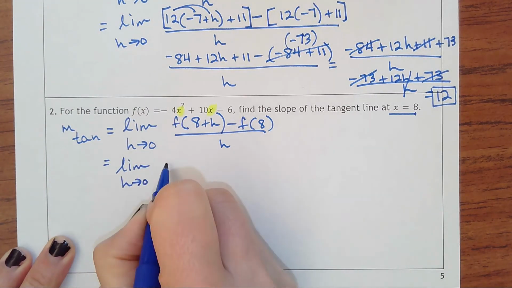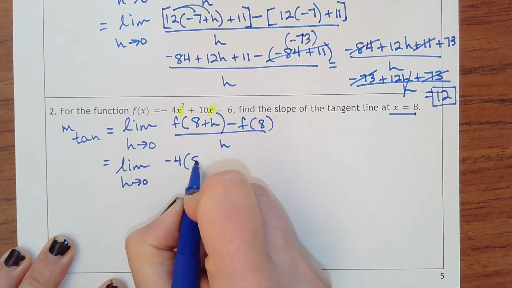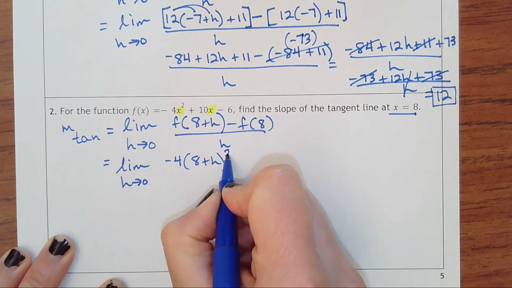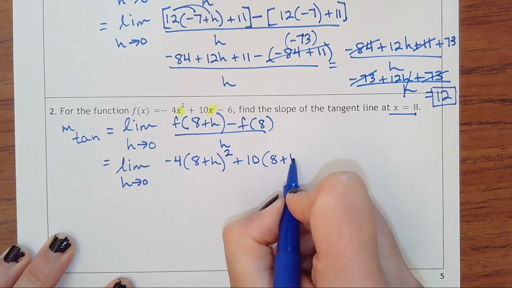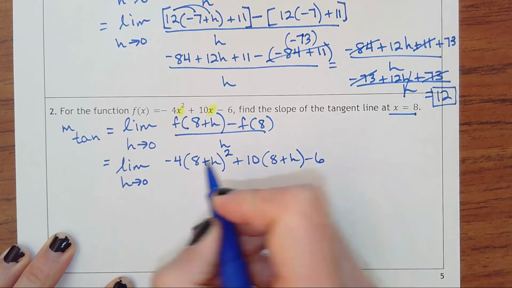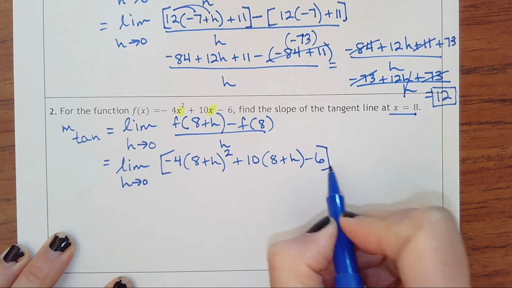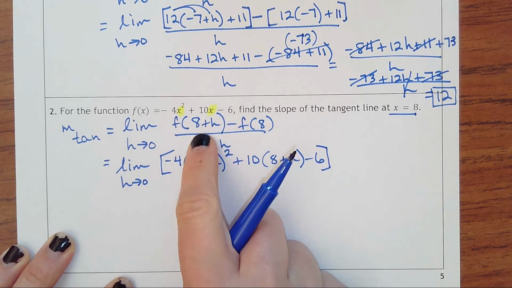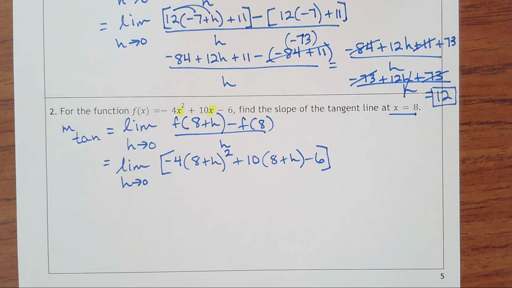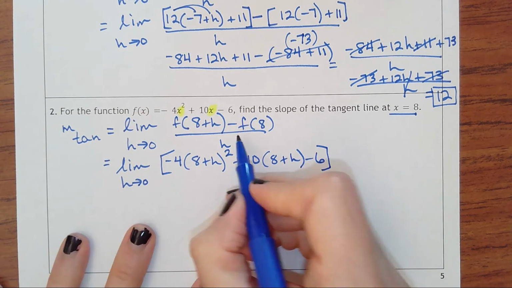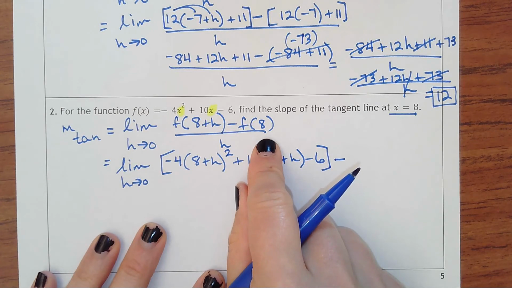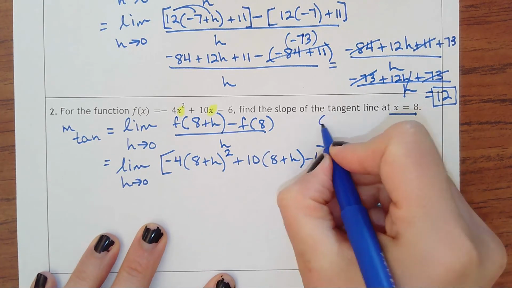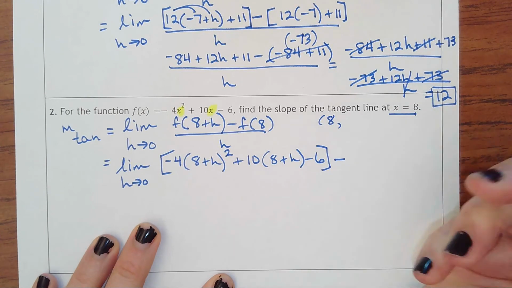So I would have negative 4 times 8 plus h squared plus 10 times 8 plus h minus 6. So all of that really just went with this first function in replacing x with 8 plus h. Then I have minus f of 8. Now something you could do here is just go ahead and figure out what f of 8 is. All that means is, what is the ordered pair, when x is 8, what is y?